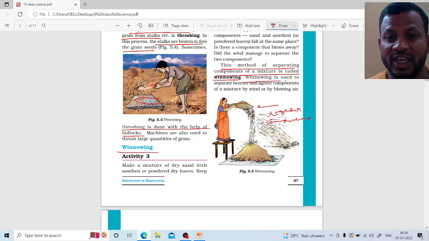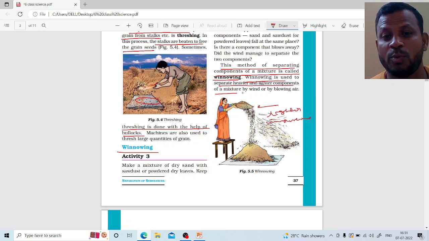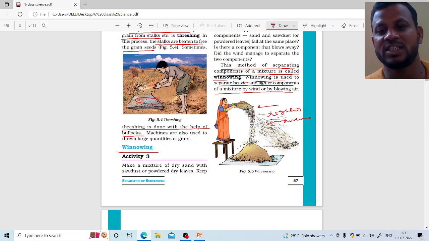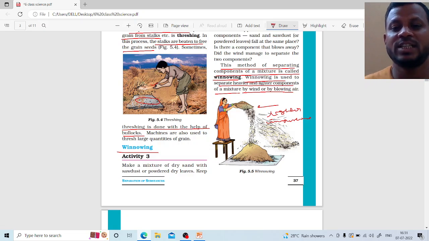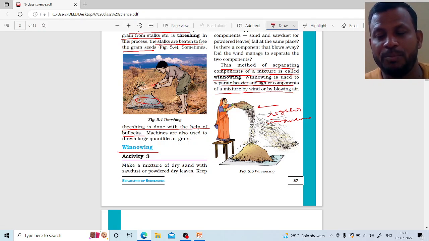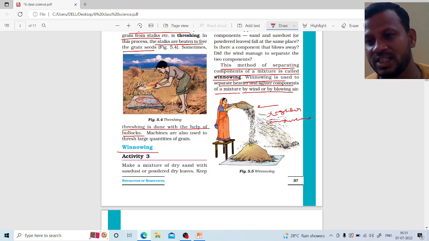Winnowing is used to separate the heavier and lighter components of a mixture by wind or by blowing air. You can see in the picture the lady is throwing a mixture of grains which contains impurities. Slowly, when the air blows, the impurities go along with the air and the pure grains settle down on the floor. This is known as winnowing, right?